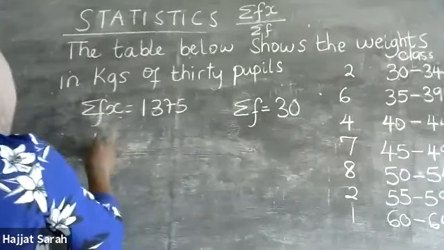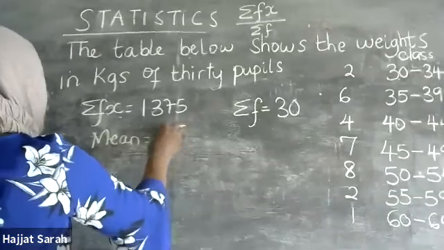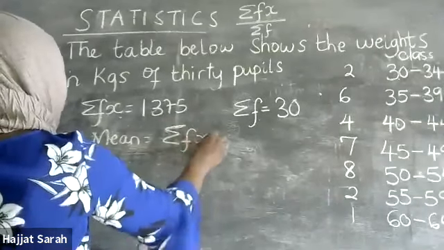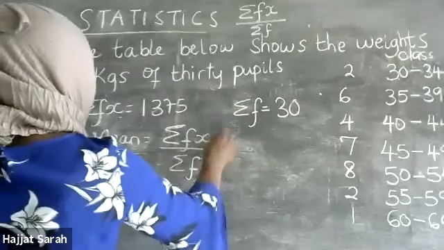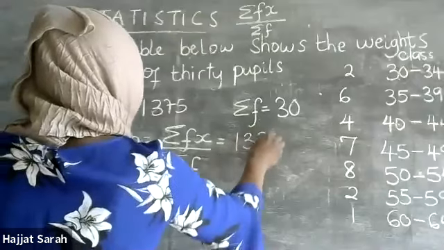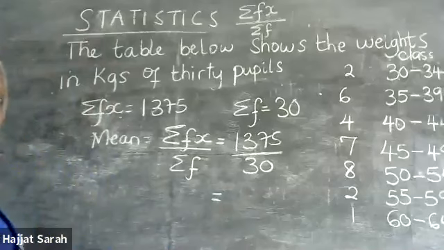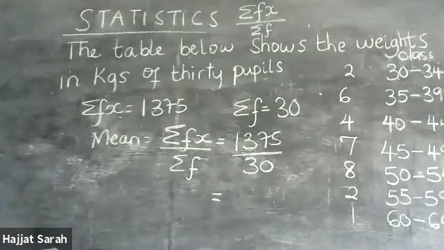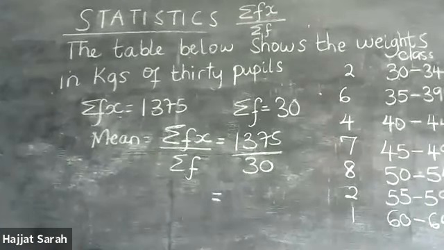Okay, so now what will the mean be? Summation of FX over the summation of F. So you have 1,375 and you divide that by 30. So what answer do you get? What did you get? 45.83. You got 45.83? Yes.